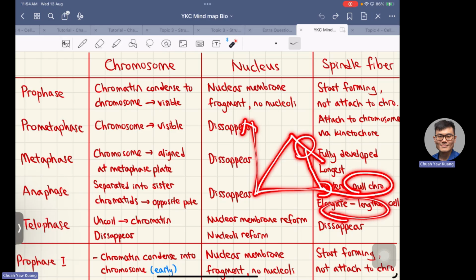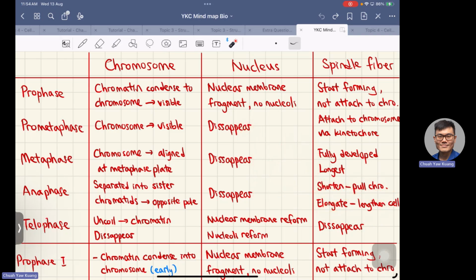We don't care about the spindle fiber that is causing the elongation of the cell. Okay, get it? This is the only thing that you need to know. And in the anaphase, how the spindle fiber behaves depends on whether the spindle fiber is attached to the sister chromatid or not.